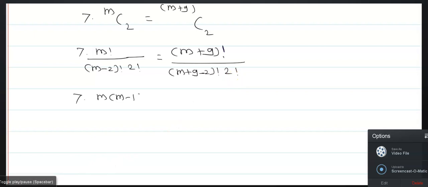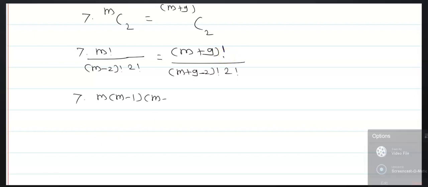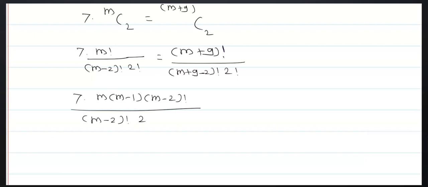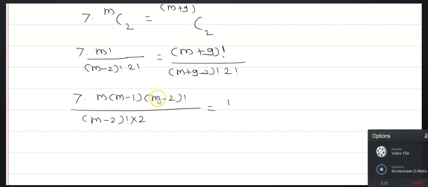Now we perform the calculations. This m factorial can be extended up to m minus 2, then m minus 2 factorial will cancel. And for this m plus 9 factorial, m plus 9 minus 2 means m plus 7, therefore this can be extended up to m plus 7 factorial. Now we'll see the calculations. In this case, m minus 2 factorial will get cancelled.